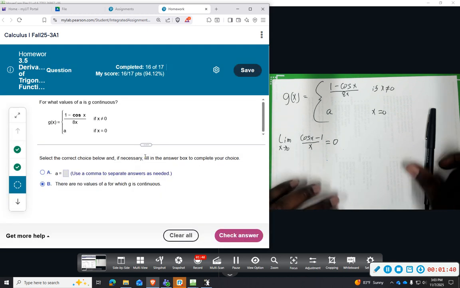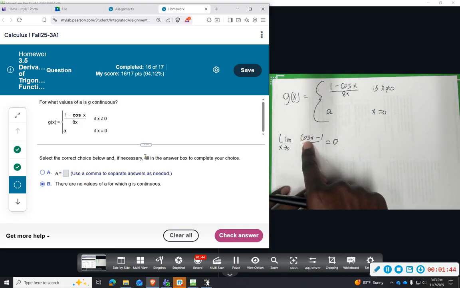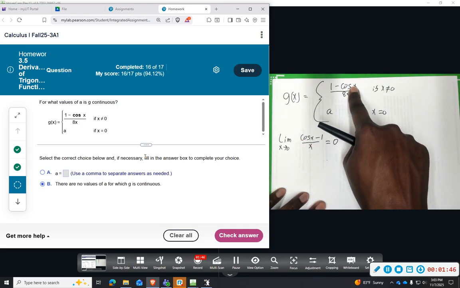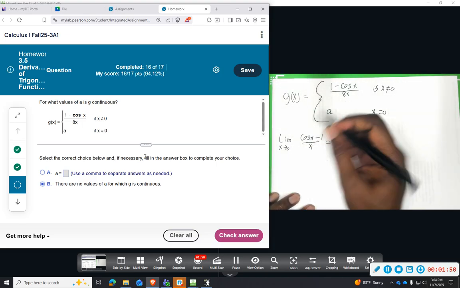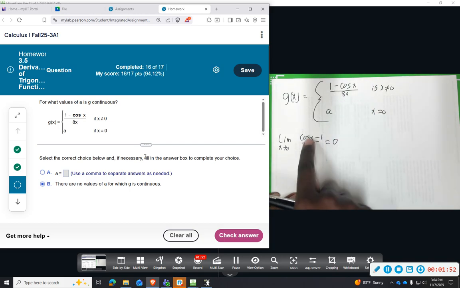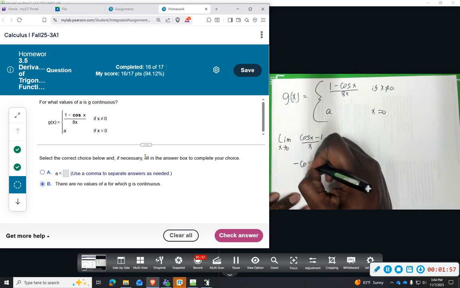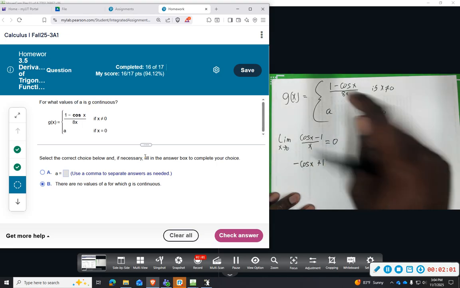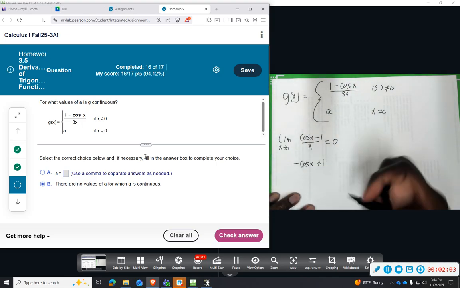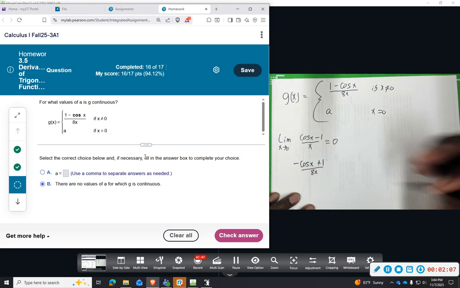So we're aiming to make this function look like this part, and then we can take the limit and find what makes a continuous. So we're going to be starting with the cosine. Now I'm going to rewrite this so it looks like this. So I have a negative cosine of x plus 1, just rearranging it so it puts it in the same order, and it is divided by 8x.